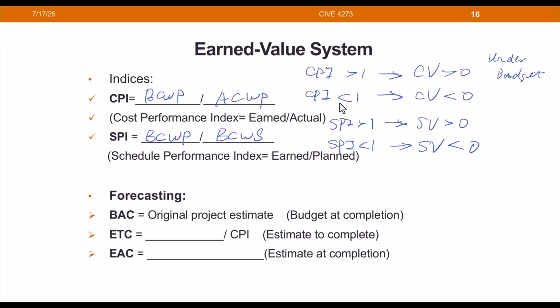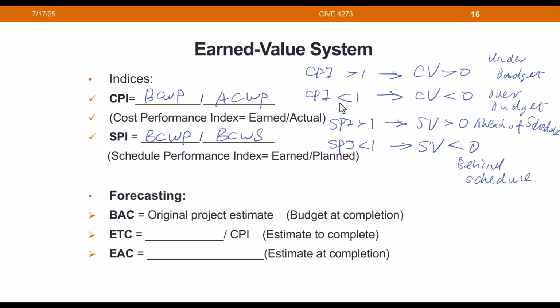And if your CV is smaller than 0, that is over budget. And if your SPI is greater than 1 and SV greater than 0, that basically means you're ahead of schedule. And this is behind schedule.